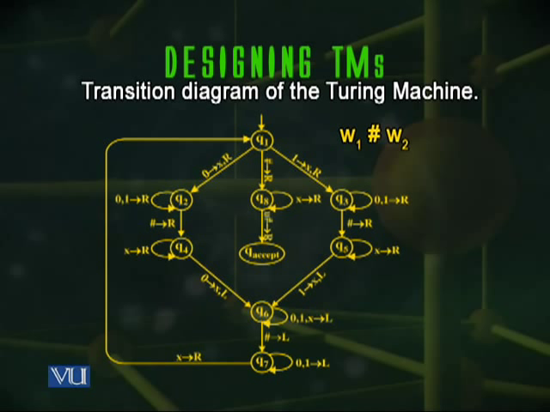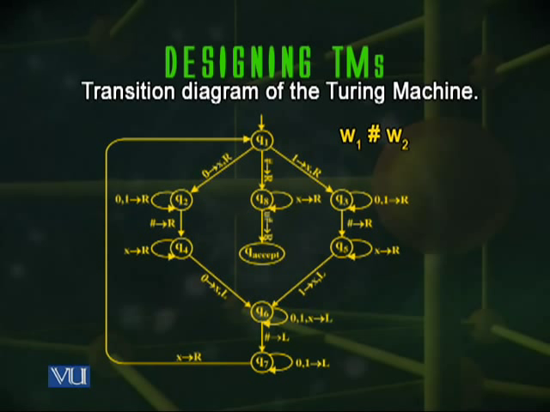Well, in this state diagram, we're using the convention that all the arrows which are not specified go to the reject state. So, for example, if you're in a state and you see a symbol and you realize that that state and that symbol does not have an arrow coming out with that label, that means the machine should go into the reject state. Let's look at this state diagram in more detail.